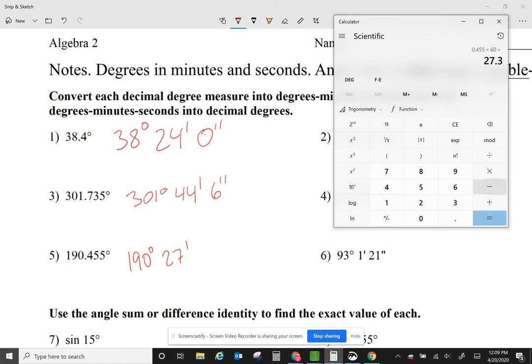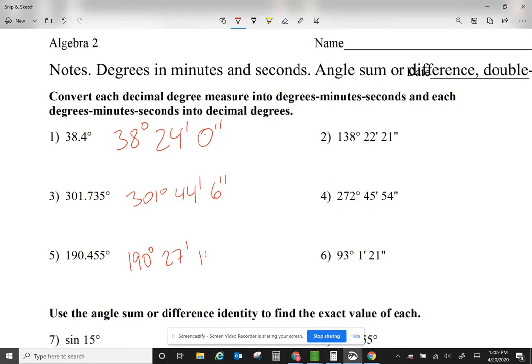So now let me take away the whole number, minus 27, because I'm taking the whole number out. I just have a decimal. Now let me multiply this by 60, and I get 18 seconds. To continue, you start with degrees. Then if you have a decimal part, you multiply by 60 to get the minutes. And if you have a decimal again, you multiply by 60 again to get the seconds. So I get 18 seconds.